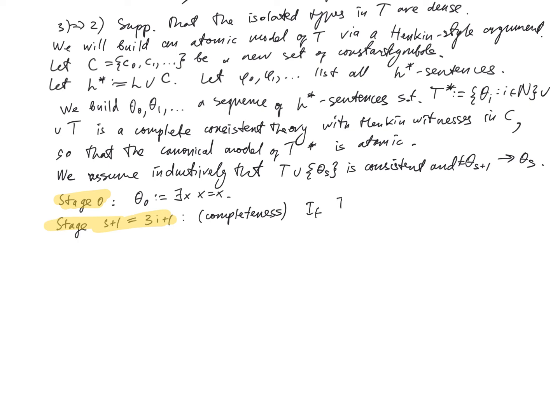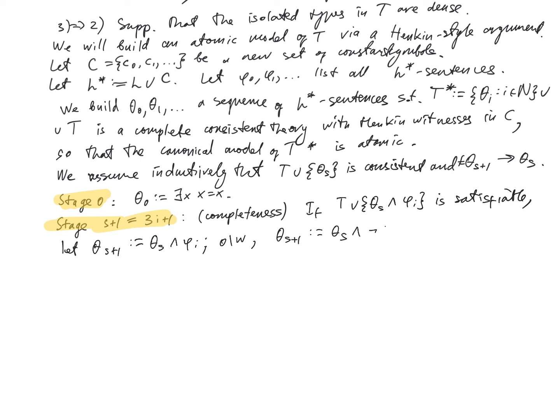If we have that T together with theta_s conjunction phi_i is satisfiable, we can let theta_{s+1} be theta_s conjunction with phi_i, and if it is not satisfiable, we let theta_{s+1} be theta_s conjunction with the negation of phi_i.